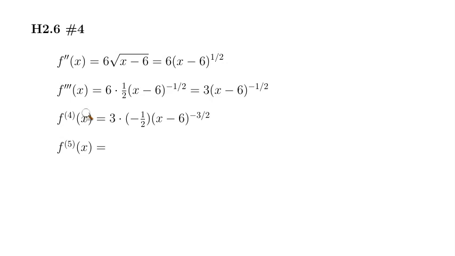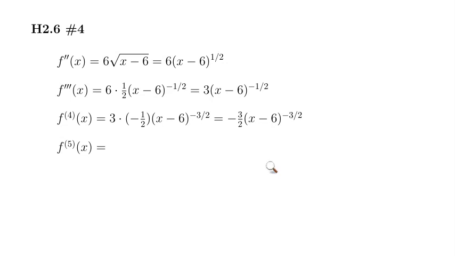Then multiply by the derivative inside, which is 1 anyway. So this cleans out to be negative 3/2 times the quantity x minus 6 raised to the negative 3/2 power. So we got that.